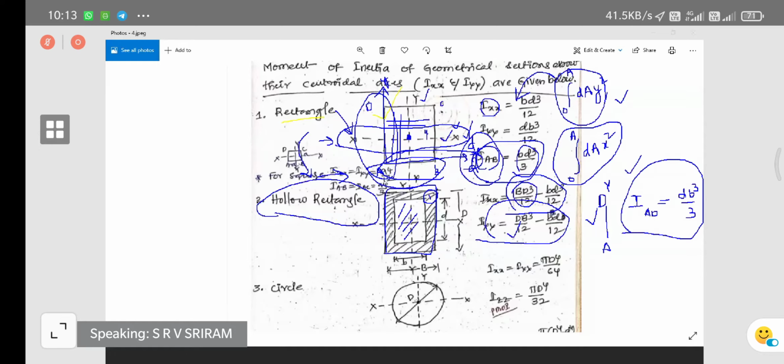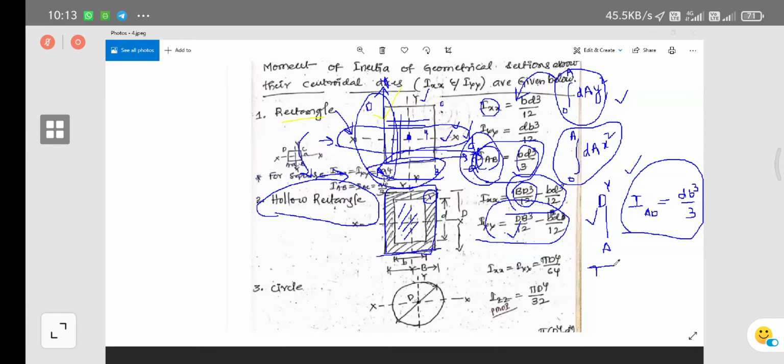So this Ixx and Iyy are the central axes. Then what about the moment of inertia about the base axis for this hollow rectangular section? Now see here, the base axis is this, AB.